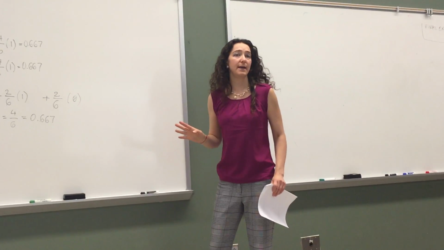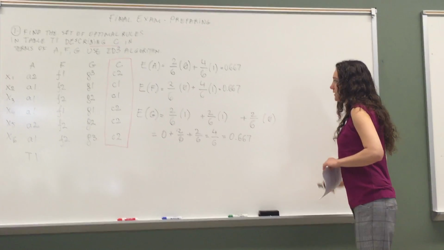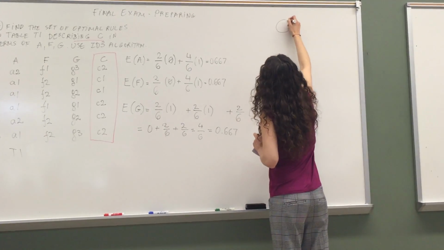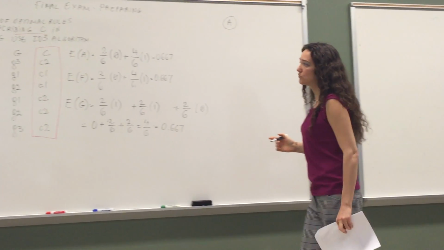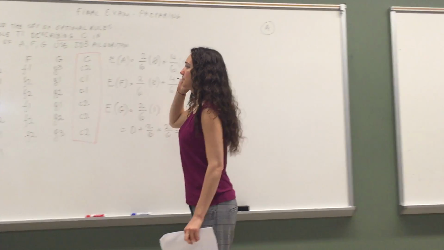So I'm going to choose A here. We will choose the attribute A and split the tree. A has two values, A1 and A2.